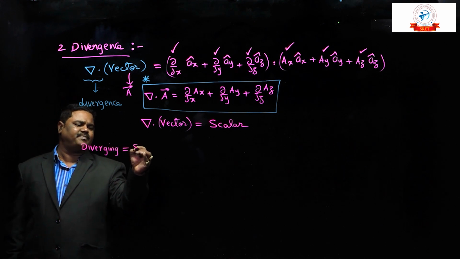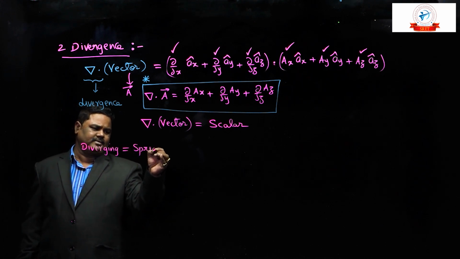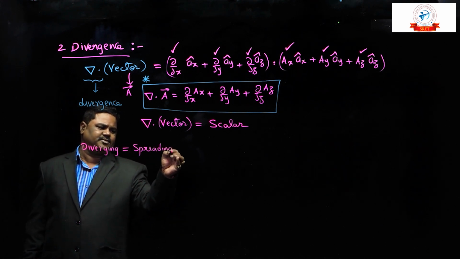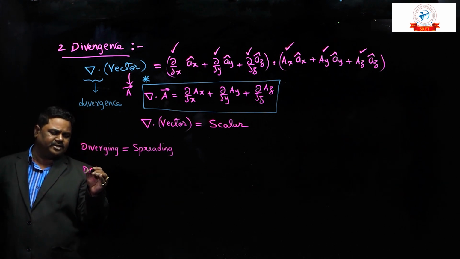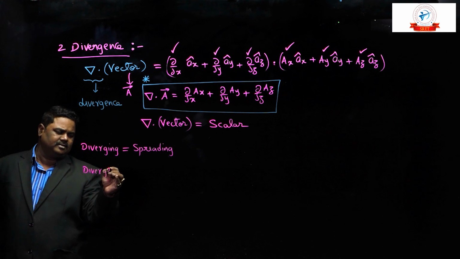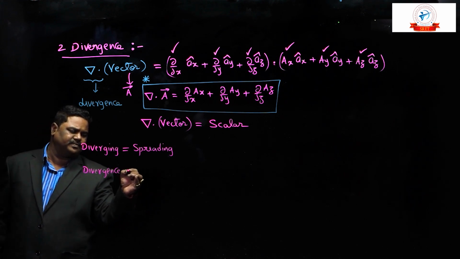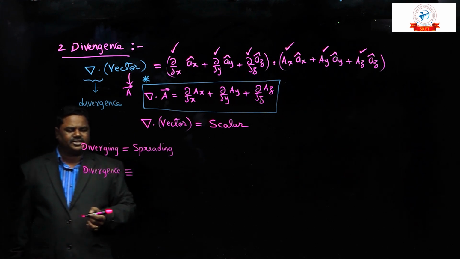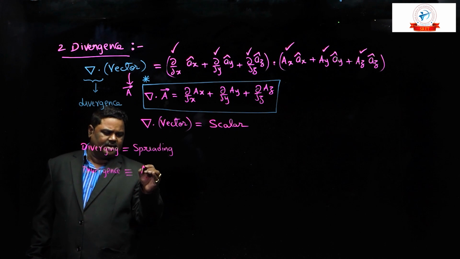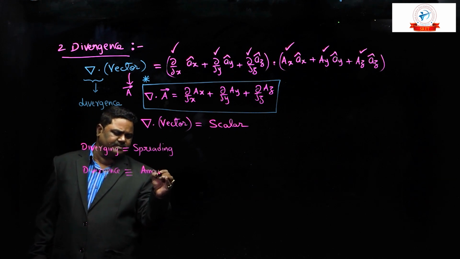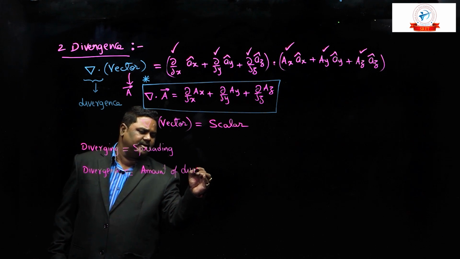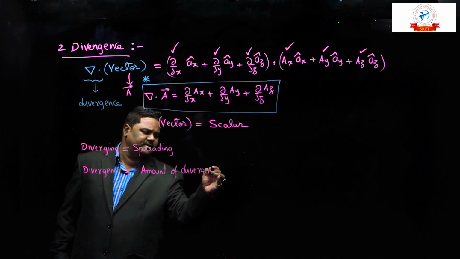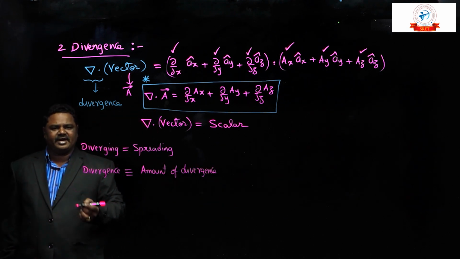Diverging means spreading. When we apply the divergence operation, it is going to find the amount of divergence in the given scalar or vector field.